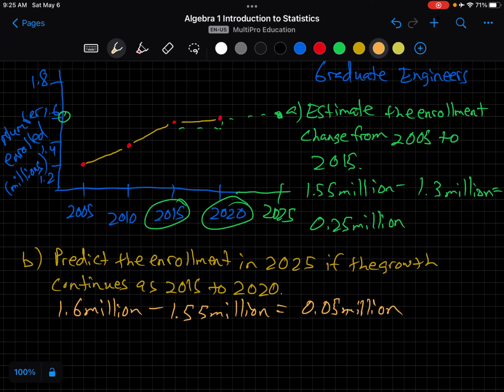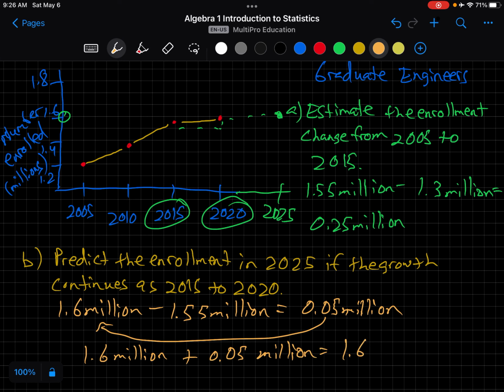Okay, so if we add that to this 1.6 million plus 0.05 million, we would estimate then there would be 1.65 million students enrolled.